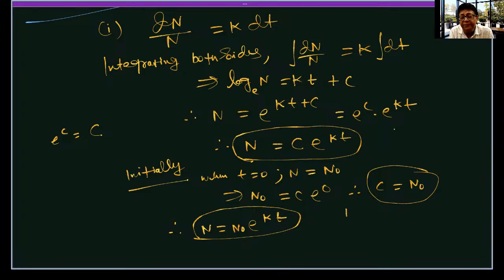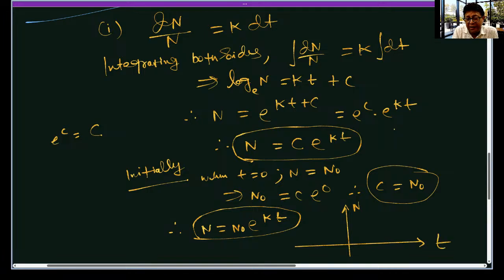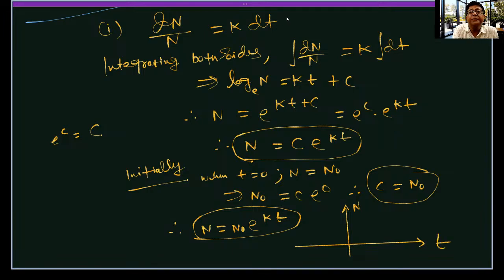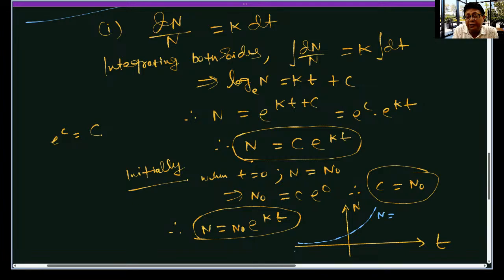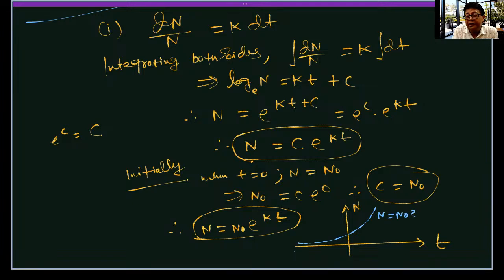And graphically, if you face any problem in board paper, they are asking on graph whether it is growth model or decay model, you can draw the graph this manner, and this graph ensures there is exponential growth. This is for n equal to n0 e to the power kt.